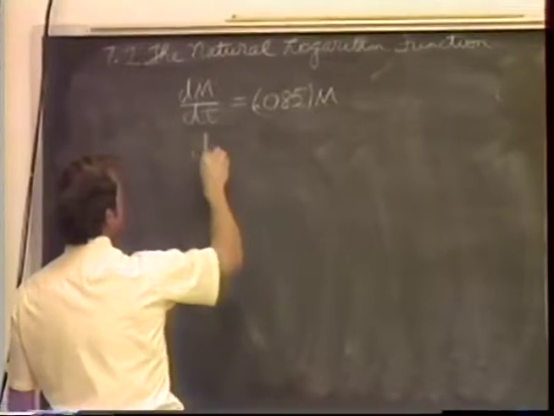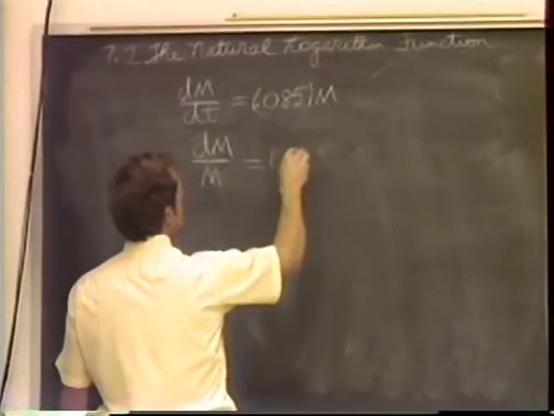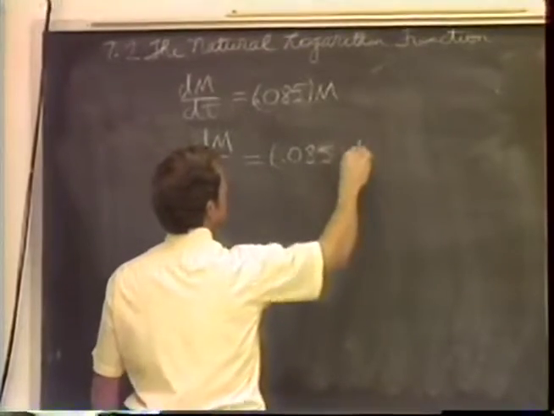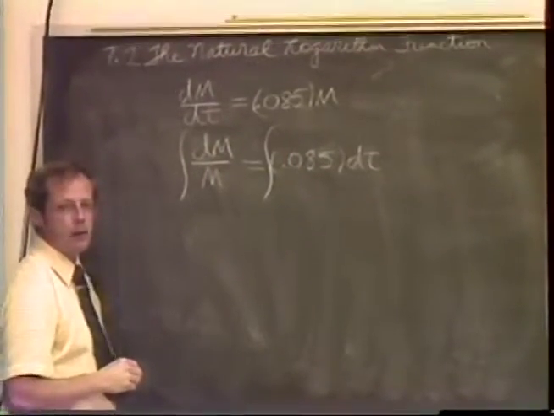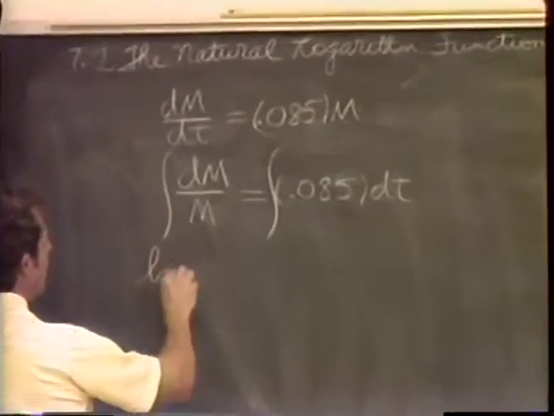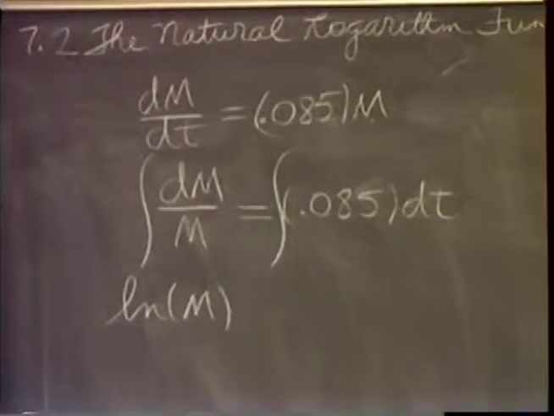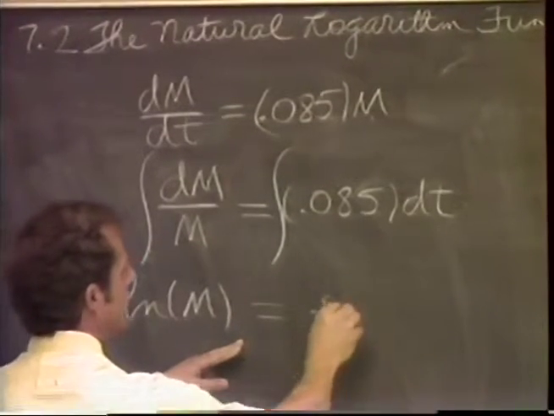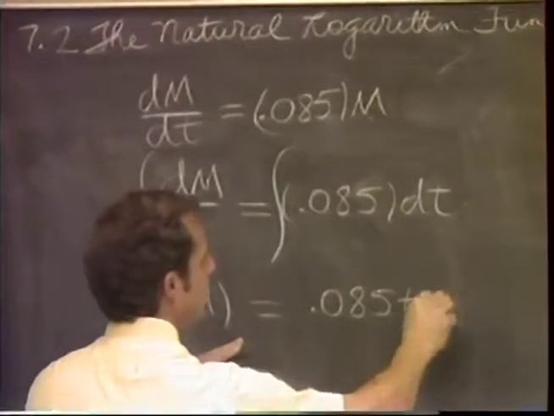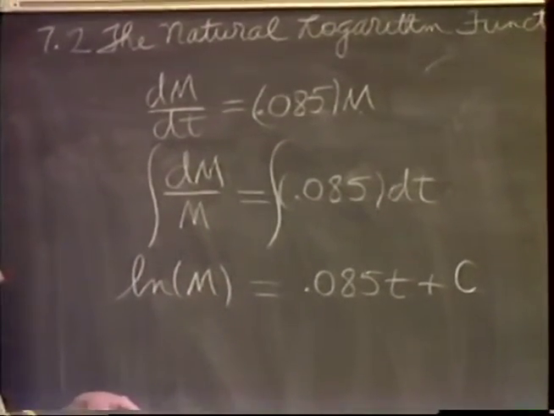I divided both sides by m multiplied by dt. And then I integrated both sides. No problem. Now I know what the left-hand side is. It's a log. And I should have an additive constant, but I'll throw it over on the right-hand side with whatever else is supposed to come over here. Okay, now I've got log of m is 0.085 t plus c.